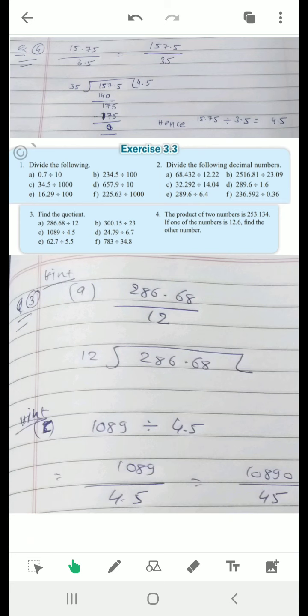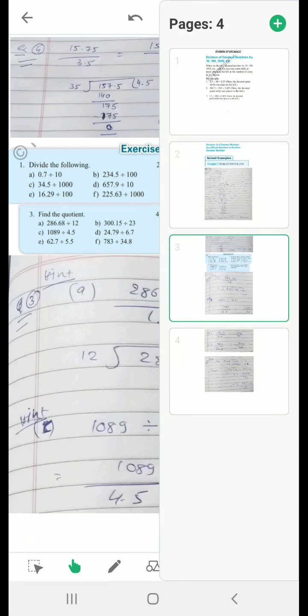It will be 10,890 upon 45, and then you can divide these numbers. Listen again: there is one digit after the decimal in the denominator only, so we will remove this decimal, and since there is one digit, we will put 10 in the numerator. Understood? And then we have to divide.